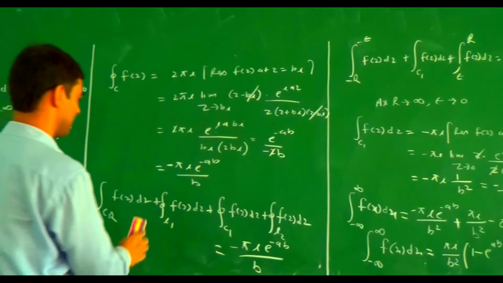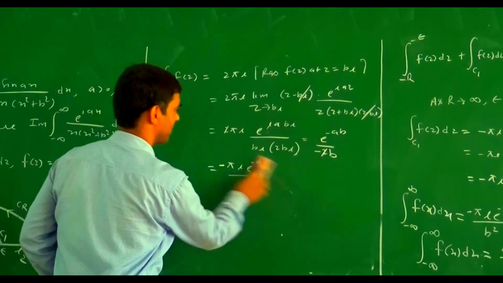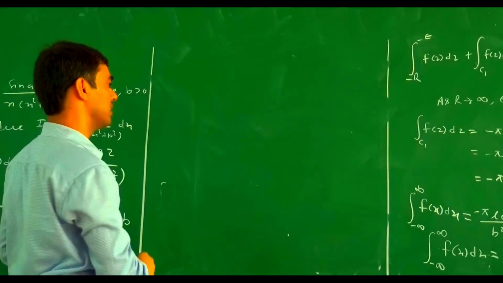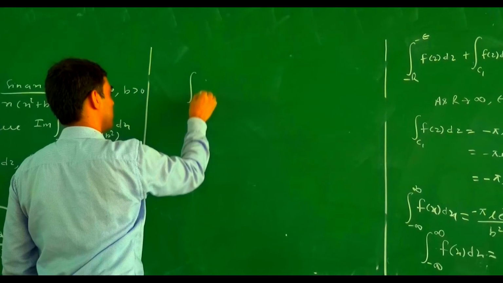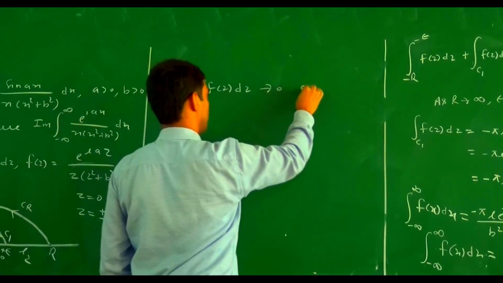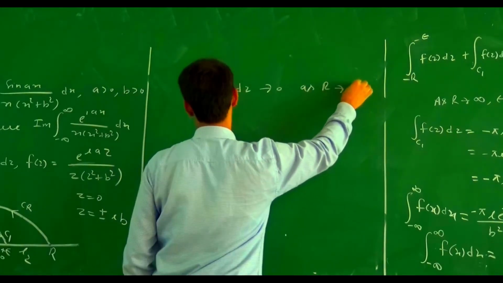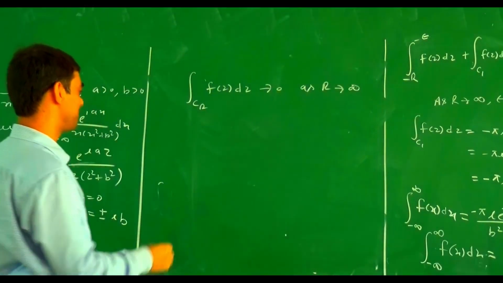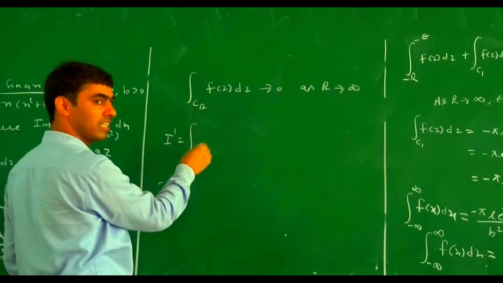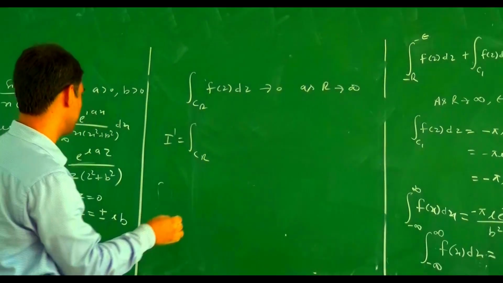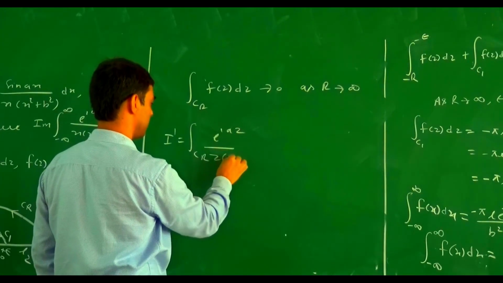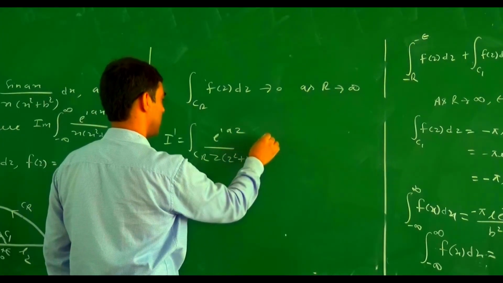We only need to show that the integral over CR of f(z) dz tends to 0 as R tends to infinity. Suppose this integral over CR is I dash, where f(z) is e to the power i a z divided by z squared plus b squared, dz.